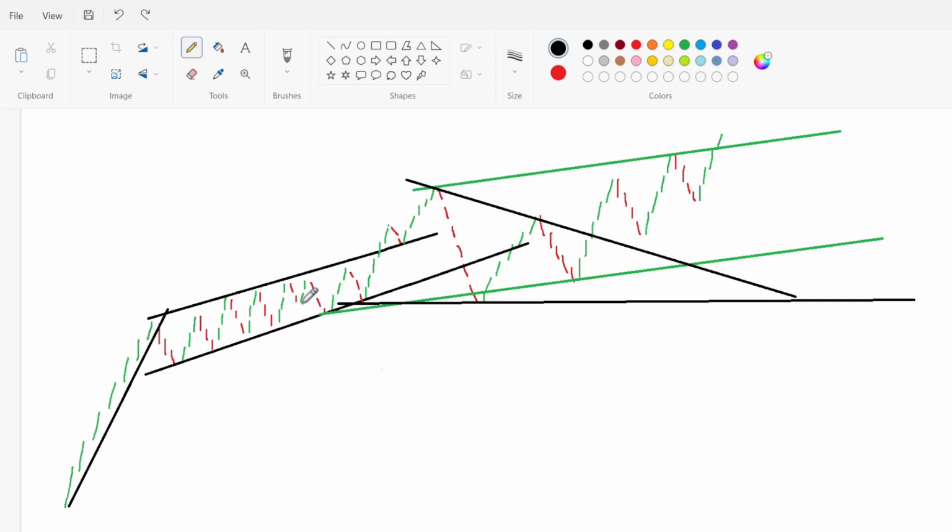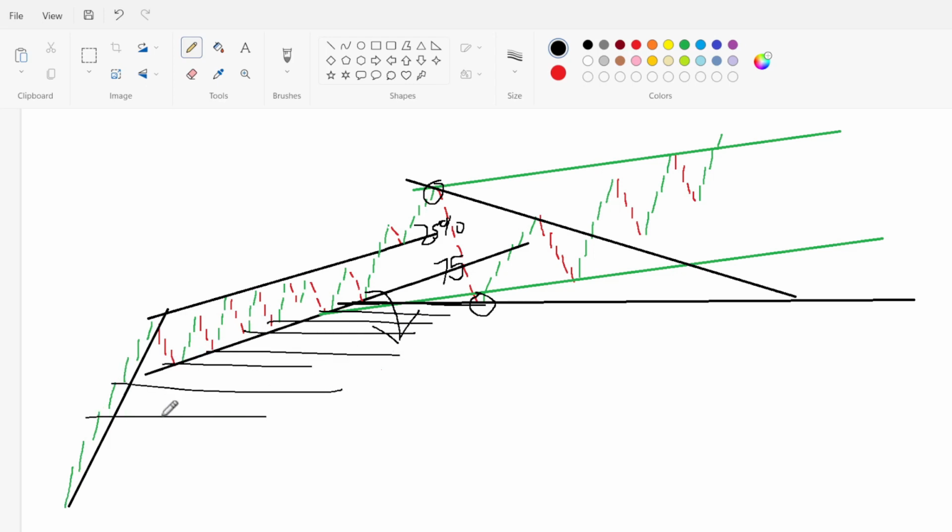But since this is an upward sloping channel, you tend to want them to break down 75% of the time. So this is 75%, this is 25%. So when this happens, you're surprised, but you go with it, and then it fails up here and comes back down. When it comes back down here, this is what you expect to happen, okay? You expect to use this as an opportunity to get long, because every single pivot low on this chart, someone decided to step up and support the price.